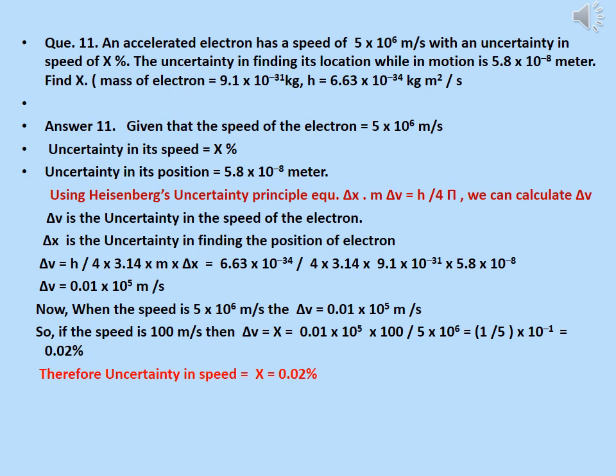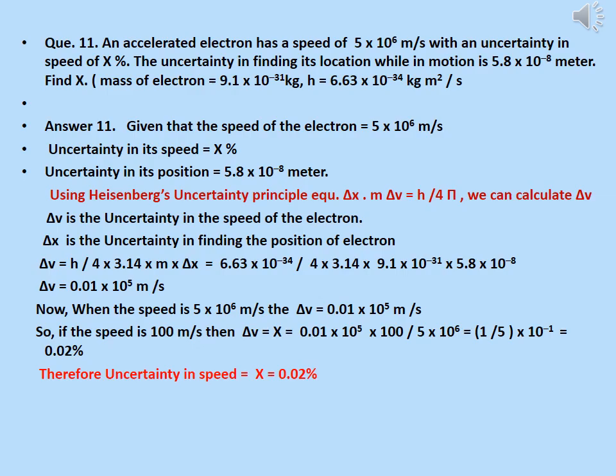Find x. What is x? Uncertainty in its speed. That is, if we find x, we can find the percentage. Given mass of electron is 9.1 into 10 power minus 31 kilogram. h is 6.63 into 10 power minus 34 kilogram meter square per second.